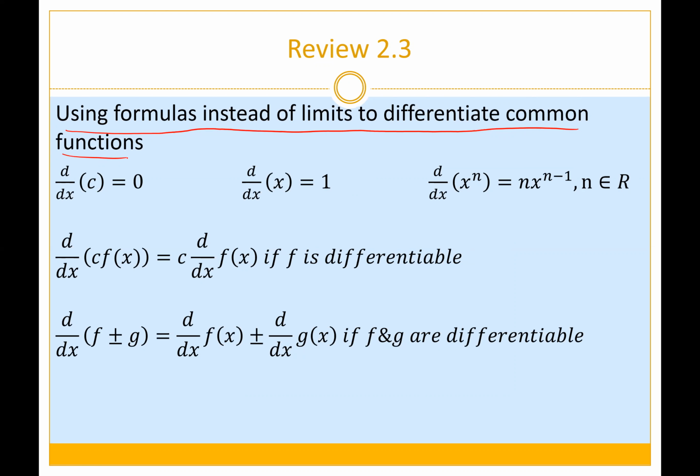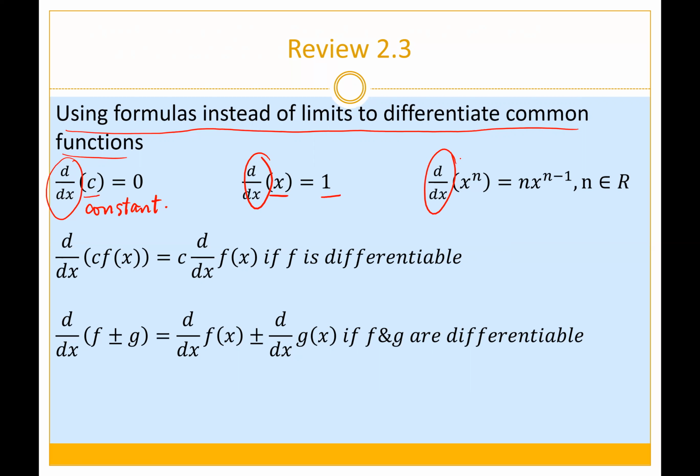So we have the derivative with respect to x of a constant c, which is 0. Basically we're saying if we take the derivative of a constant, it's always going to be 0. The derivative with respect to x of x is 1.